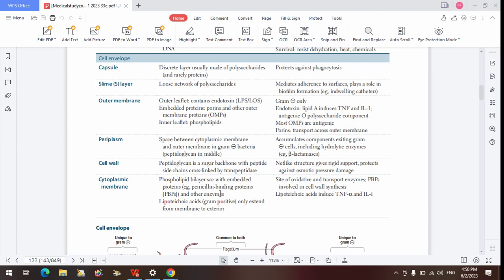Our outer membrane contains endotoxin, which can be LPS or LOS. That's very important because it's pathogenic. They can induce production of TNF and interleukin-1 from their lipid A component. That's a question. Lipoteichoic acid is only native to gram-positive and it releases interleukin-1 and TNF alpha. Very, very important.